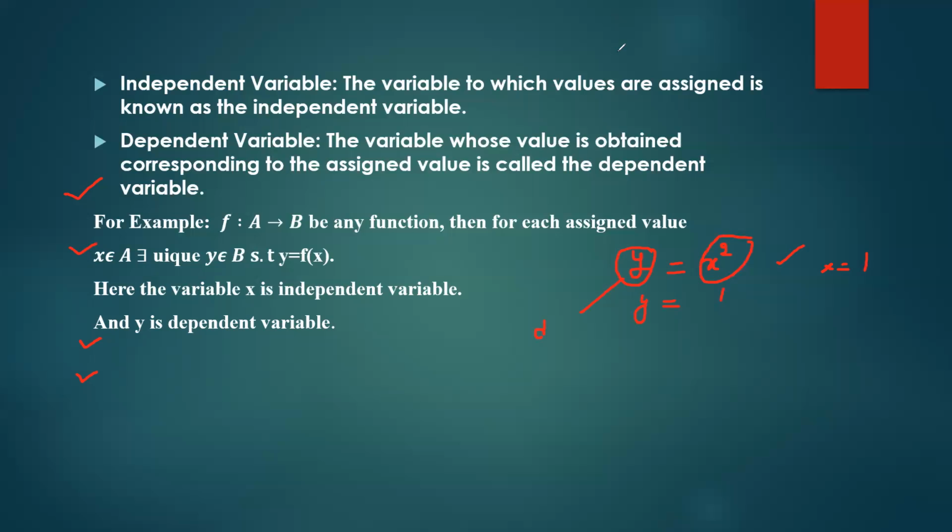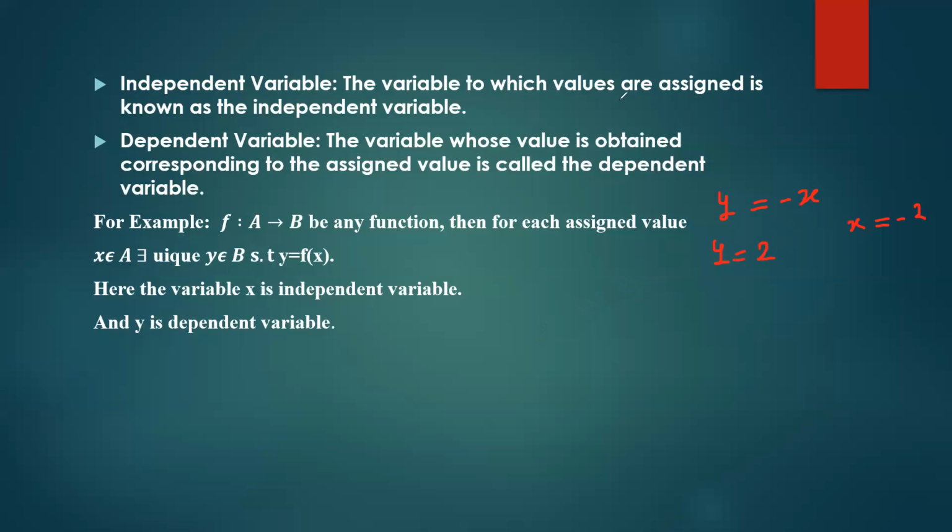Let us take one more example, y equal to minus x. If we put the value of x as 2, then we get the value of y. It means the value of y is dependent on x. So now it's clear what is independent variable and what is dependent variable.